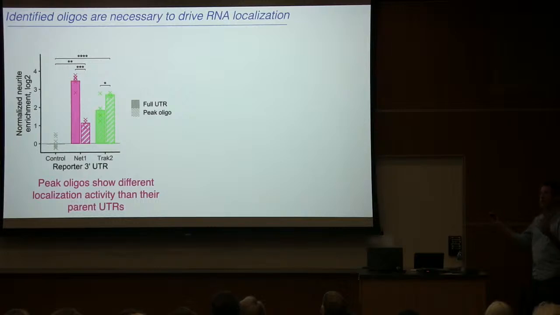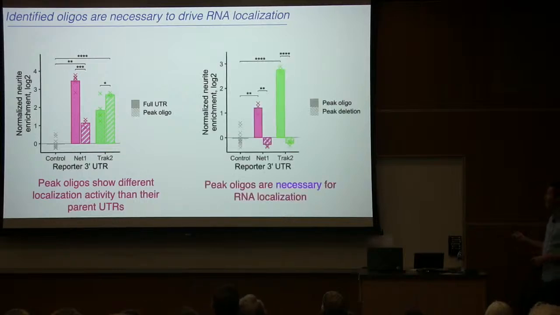Because we tested pretty much every possible 260-mer that you could make within that 3' UTR. To ask if these oligos were necessary, we made the whole 3' UTR, but just took out that 260. And if you take out those 260 nucleotides, it doesn't work anymore. So these oligos are both necessary and sufficient for the localization of these RNAs.